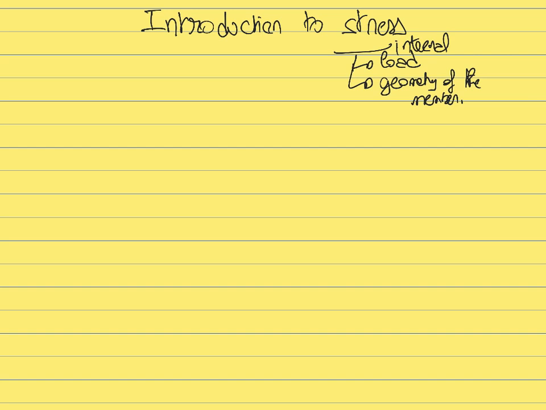So when we talk about the geometry of a member, we need to determine what are the key aspects of the geometry of a member that determine its risk of fracture.